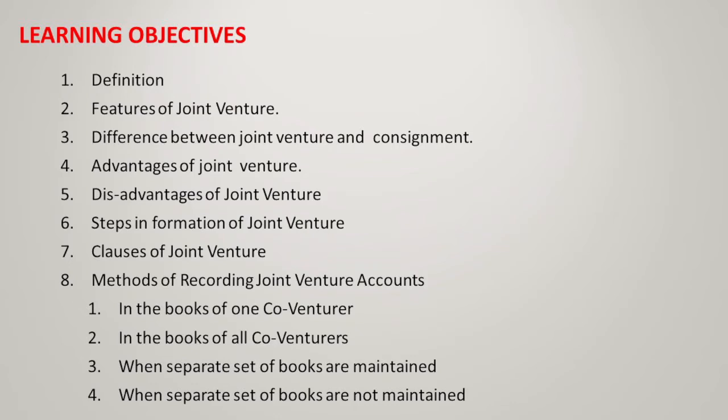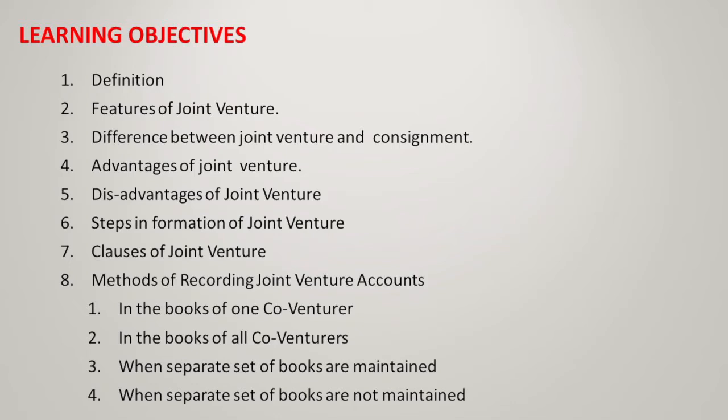First method is in one co-venturer's books. Second method is in all co-venturers' books, where a separate set of books is not maintained, so each co-venturer records in his own books.